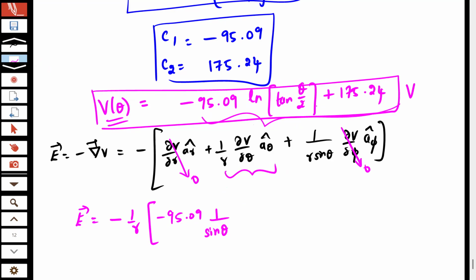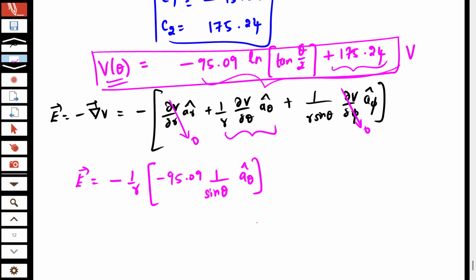Then the second term is constant, and differentiation of a constant is 0. We'll be getting A theta cap. So we can write this electric field intensity expression as minus into minus, you will be getting a plus over here, so plus 95.09.